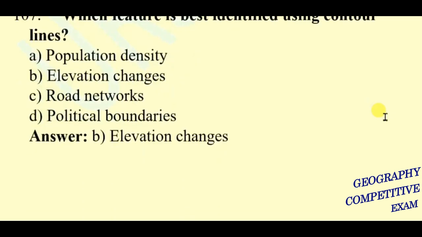107. Which feature is best identified using contour lines? Population density, elevation changes, road networks, political boundaries. Here the right answer will be elevation changes. Contour shows elevation, and a contour line is nothing but the line joining points of same elevation.